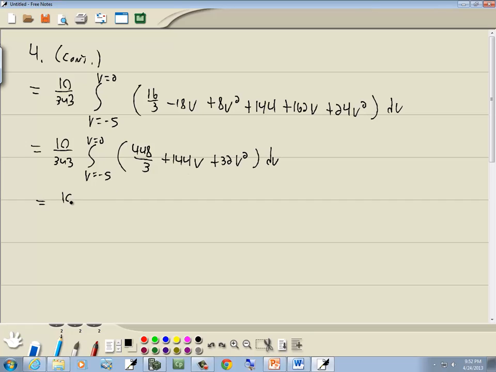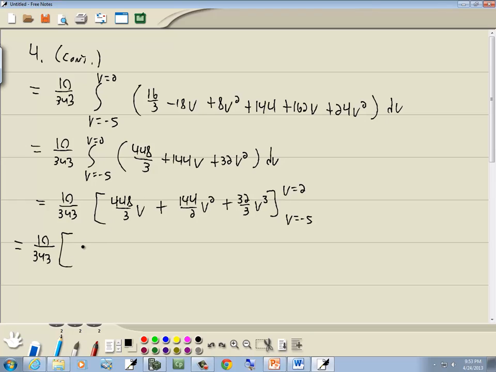Okay, so now we're ready to take our next integral. So this becomes 448 over 3V plus 144 over 2V squared plus 32 over 3V to the third, from V is equal to negative 5 to V is equal to 2. And okay, I'm thinking if there's some easy way to do this.